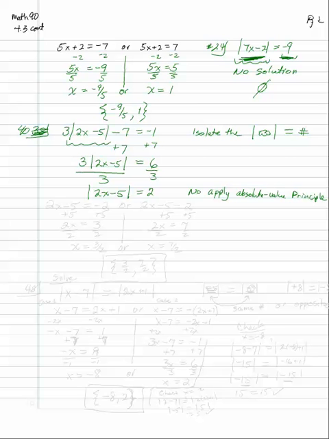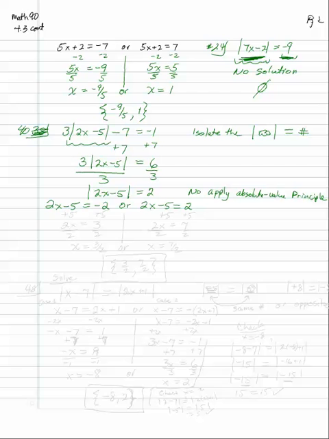So the rule is if you got an absolute value of an expression equals a positive number, you have the two cases. You drop the bars, make it equal to the opposite of that number, or just drop the bars and leave everything the same. And now solve these two equations separately.